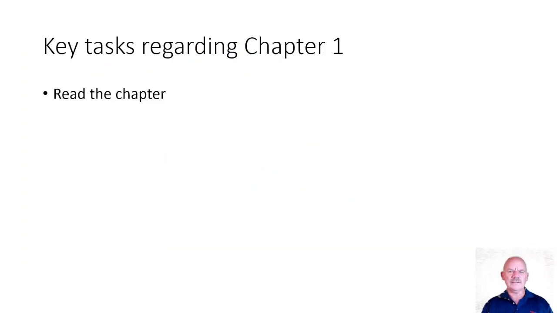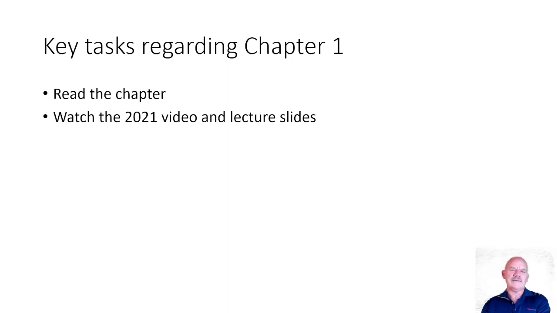So regarding chapter 1, you obviously have to read the chapter. Read the chapter quickly, and then you also read the summary more intensely. Watch the 2021 videos and lecture slides. They are mostly in the form of narrated PowerPoint slides, so it's like watching a video if you play the slideshow.